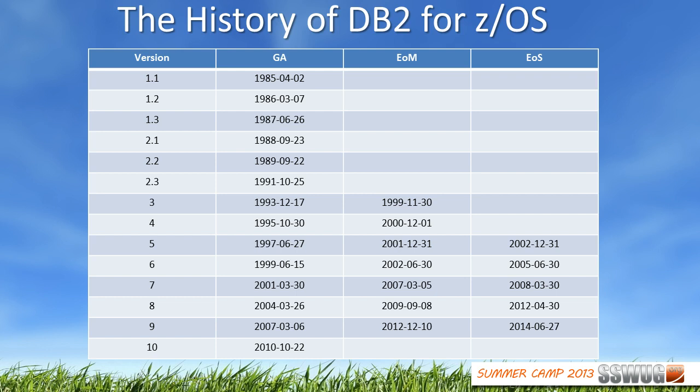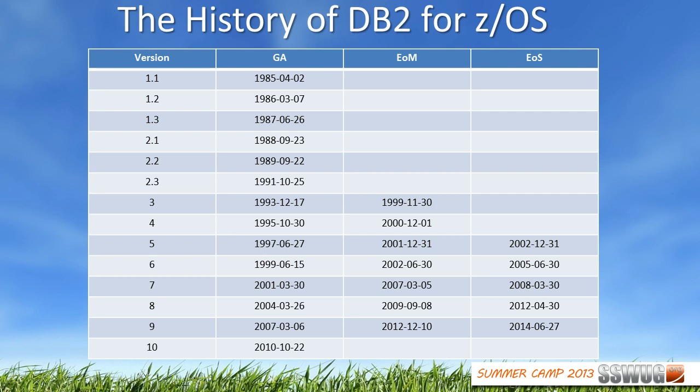So one of the things you can see here is that the delivery of new versions has slowed. In the early days of DB2, every year, 85 to 86, 86 to 87, 87 to 88, we'd see a new rev of the product be released. And now, if we look at the past few releases from 7 to 8, 8 to 9, 9 to 10, we're on a 3-year release cycle.